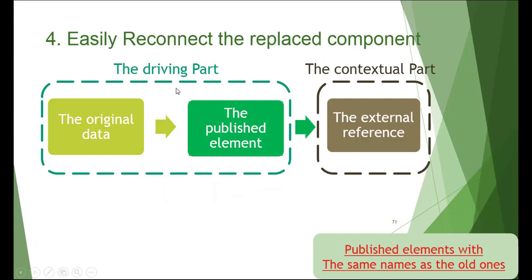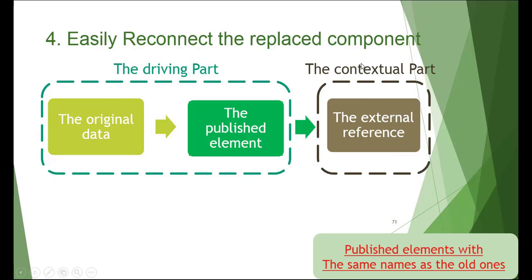Now we'll see the third type of replacement. In the first type of replacement, we replaced the original data, so the published element connects to a new original data inside the driving part. The second type of replacement, we saw how to replace the source of the external references, the published source of the external references.